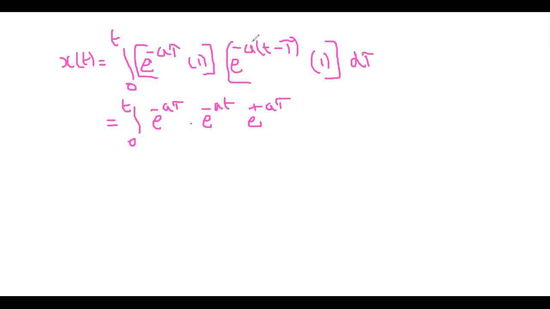So what you have to do here is see. What we explained here: e power minus a t, mu of t, e power minus a (t minus tau). Observe here, mu of tau is equal to 1 for tau greater than 0, and mu of t minus tau is equal to 1 for tau less than or equal to t.